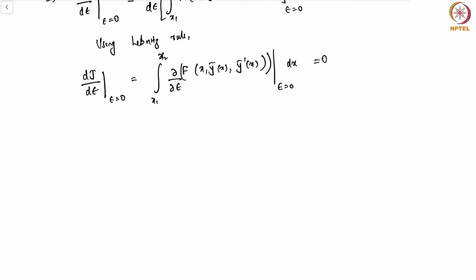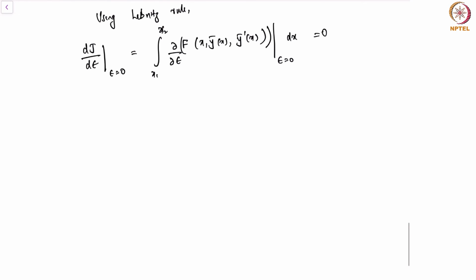We can use the chain rule here. We are taking a partial derivative with respect to epsilon. So if you use the chain rule, we simply have the integral from x1 to x2. The first term is partial f by partial x into partial x by partial epsilon. And x is not a function of epsilon, so this term is 0.